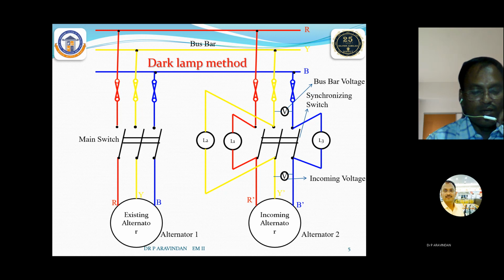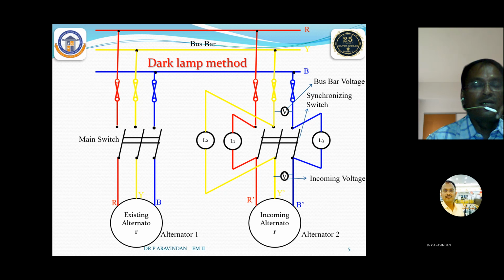No resultant voltage will appear across the switch terminals if the frequency of the two alternators is exactly the same and their voltages are in exact phase opposition. Here, lamp 1, lamp 2 and lamp 3 are connected across the same phases of the incoming generator and the existing generator or infinite bus bar.